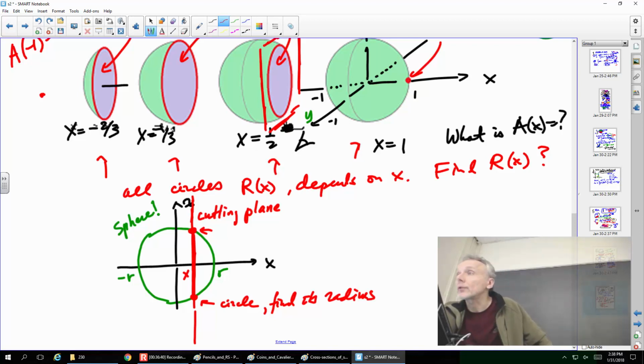Let me make that clear. This is what we're looking at. Let me change the color. The circle is purple. The cutting plane is red, but the circle itself is actually purple, and that's what we're looking at.